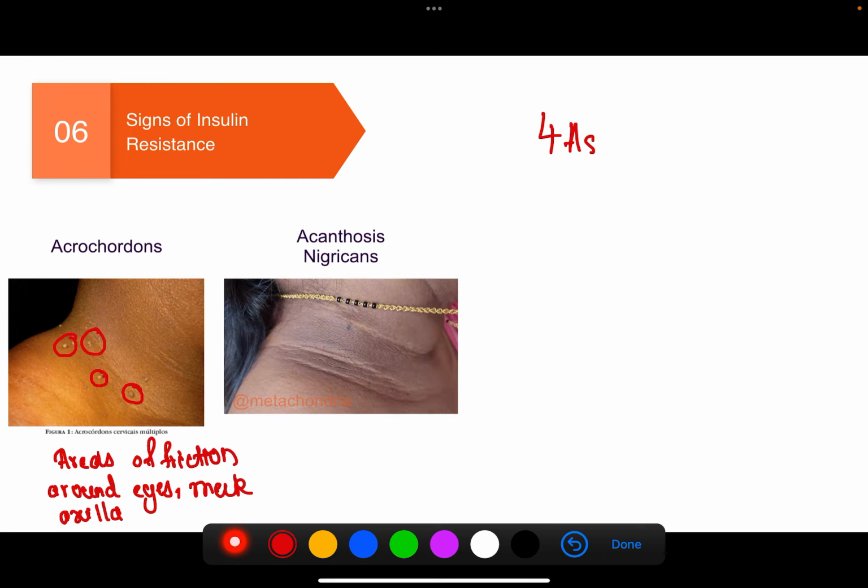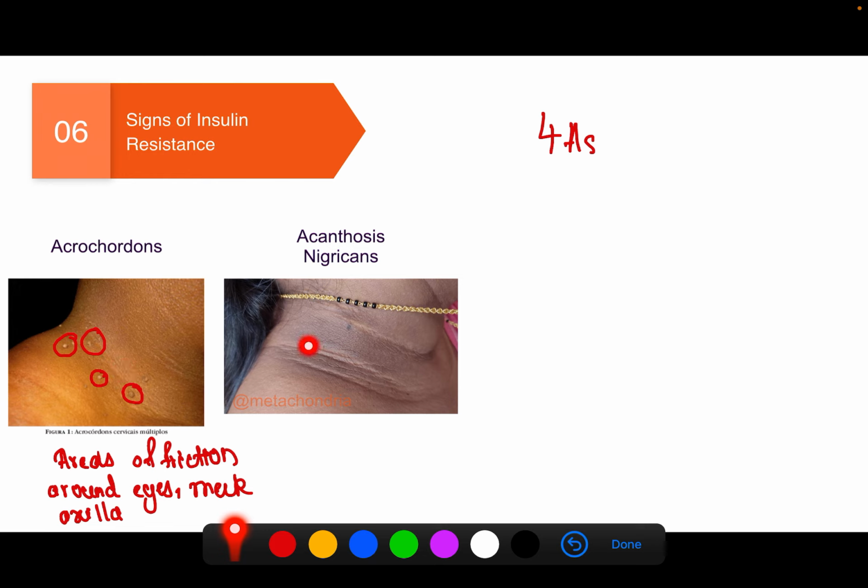Then acanthosis nigricans. Can you see this image? There is a dark velvety texture in the flexural areas. Even acrocordons were present in flexural areas.